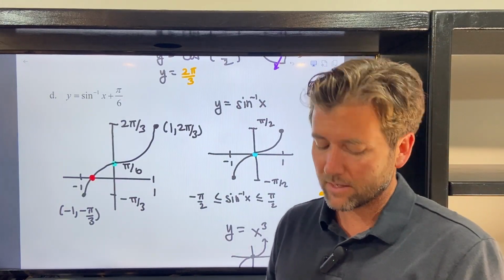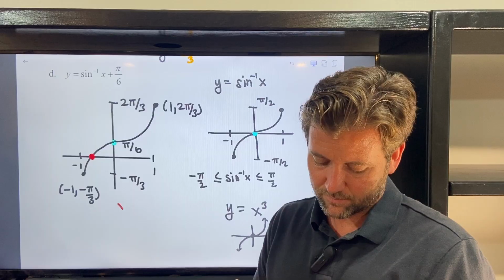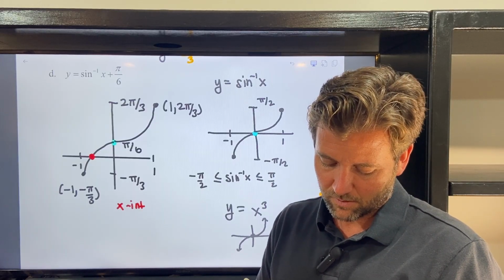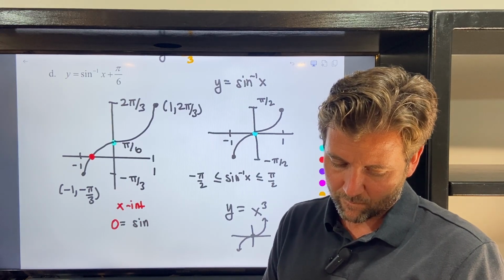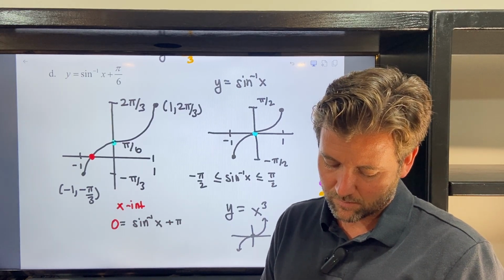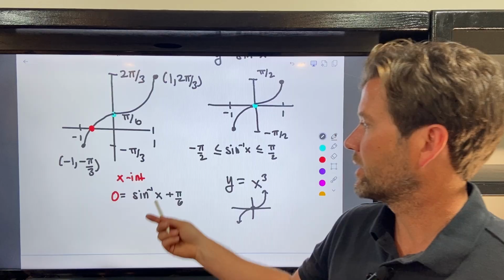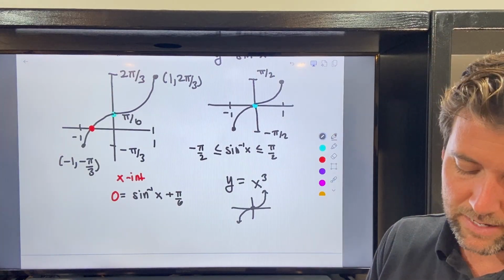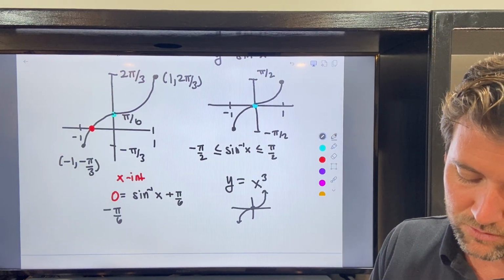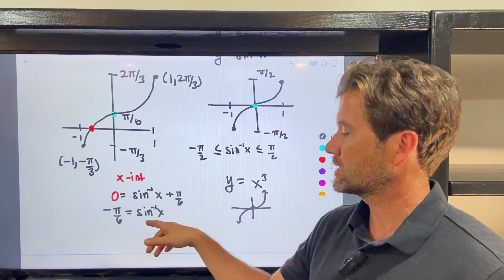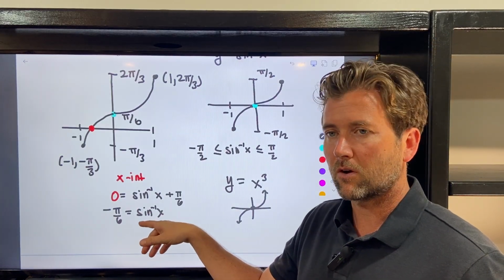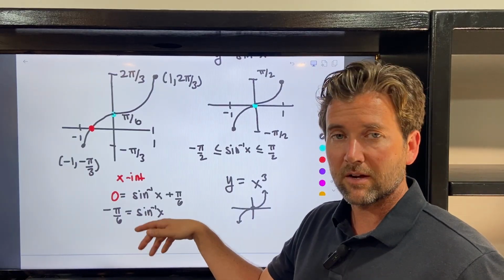So to find the x-intercept, we have to plug in 0 for y. Now my goal is to solve for x. I'm going to subtract pi over 6 from both sides of the equation. Now to solve for x, I have to take the inverse of arc sine, which is the sine function.